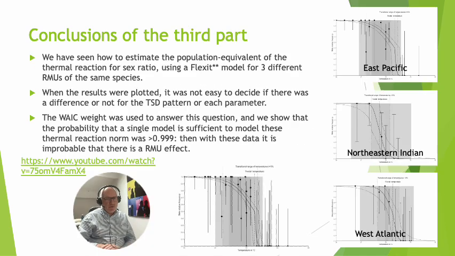The third video was about the comparison of thermal reaction norms, and we have used here the thermal reaction norm of the Olive Ridley, and the data have been obtained in 3 different RMUs, and we test if there is an RMU effect.